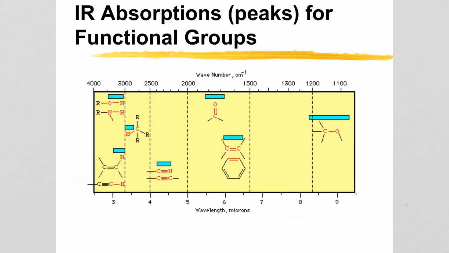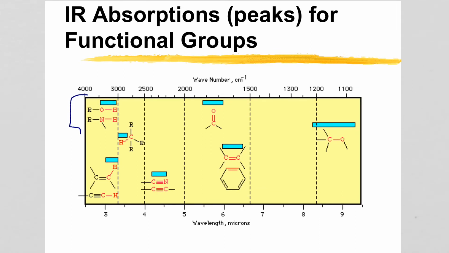So this is a nice slide that shows you where to find some of the major IR peaks or absorptions for different functional groups. So if you have an alcohol or carboxylic acid, those both contain OH groups, or an NH peak, such as in an amine or an amide, you're going to expect to see an absorption above 3,000 reciprocal centimeters.